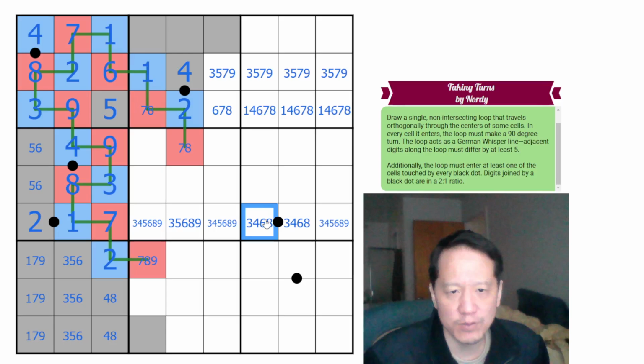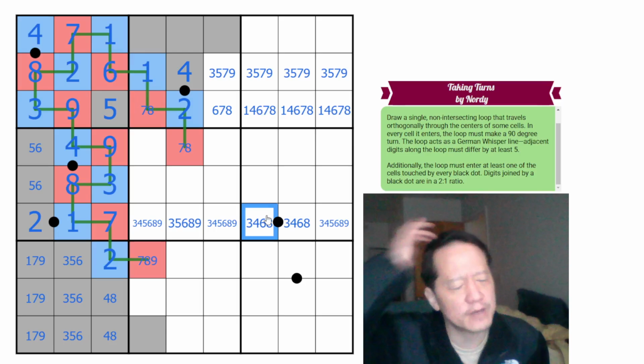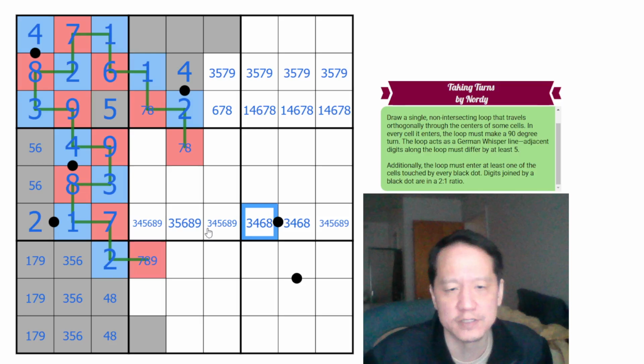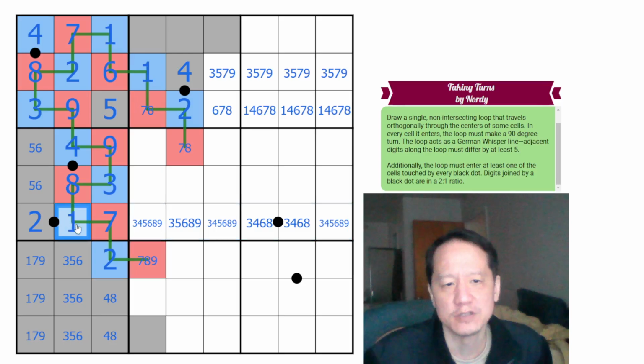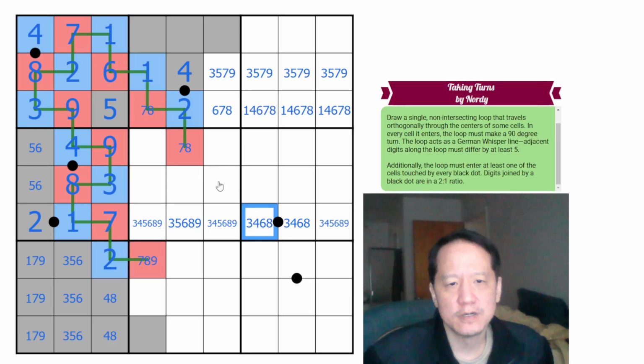It would then have to be 4 or 6. I guess no, 4 could still be there because you could have 9, 4. Never mind. 6 is the only one that's ruled out, right? Because you can't have 6 next to a 1 here, because 1 can't be in the row anymore because of this 1. So 6 is the one that cannot be on the loop. But that doesn't really tell us much.